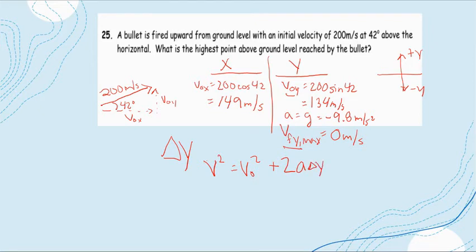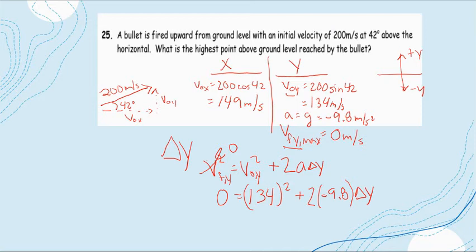And I can change my value. So this is v final in my y direction, v initial in my y direction. Well, this is equal to 0. This is equal to 134. So I have 0 equals 134 squared plus 2 times negative 9.8 times change in y.